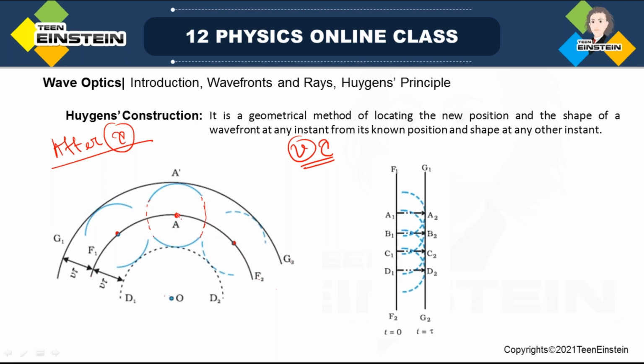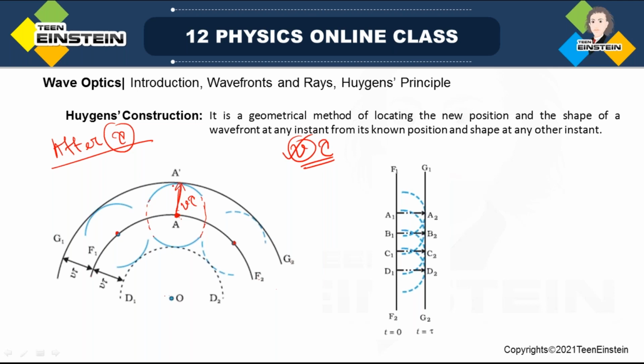The wavefront it creates will travel with the speed of the wave itself, v. After time tau, the linear distance from A to A prime will be v tau. So this is the radius.